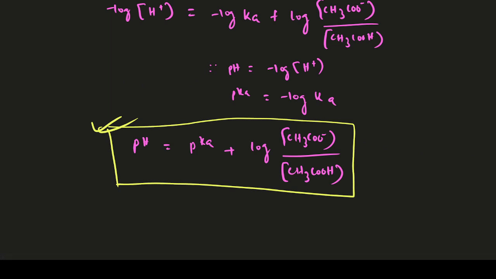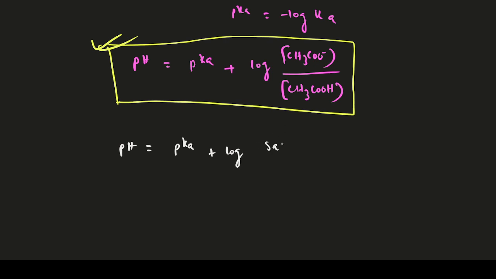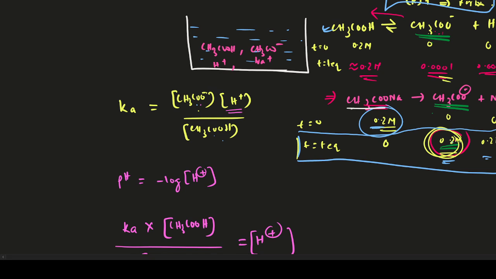Now I can also simplify it: pH equal to pK plus log of salt over acid. Because CH3COO minus mostly comes from the electrolyte, this is a very high value and this is very low as prepared, so we neglect it mainly and we assume this value.